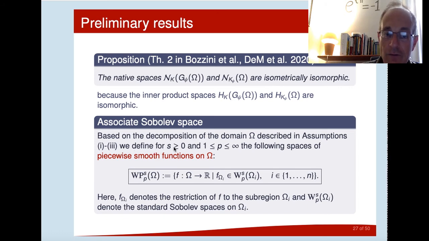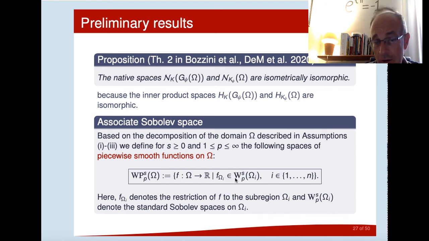So we define, for an s greater than or equal to 0 and p between 1 and infinity, the following space of piecewise smooth functions. So essentially, this space, you see that it depends on the two parameters s and p, is made by the set of functions such that if you restrict the function to omega_i, it belongs to a Banach space.